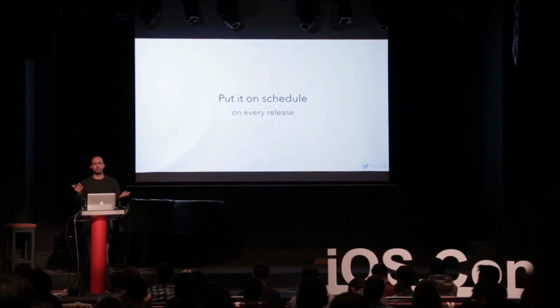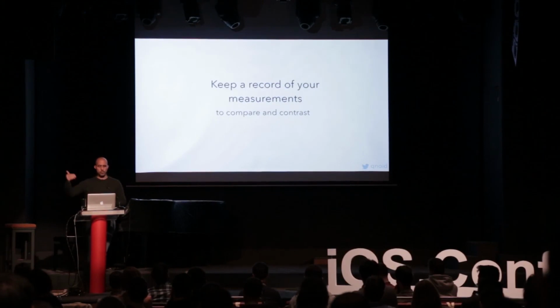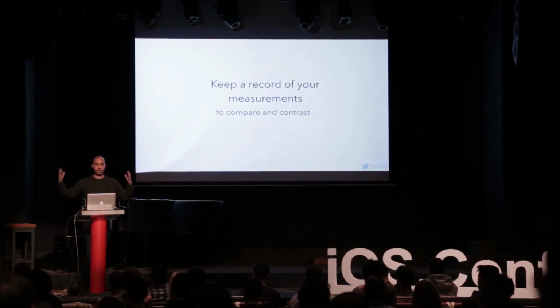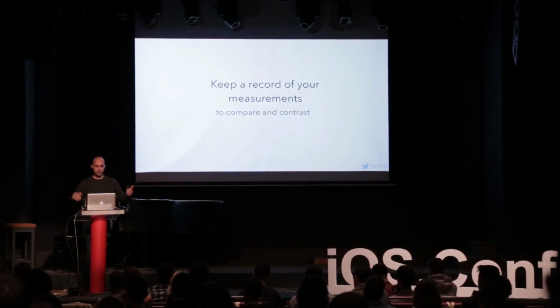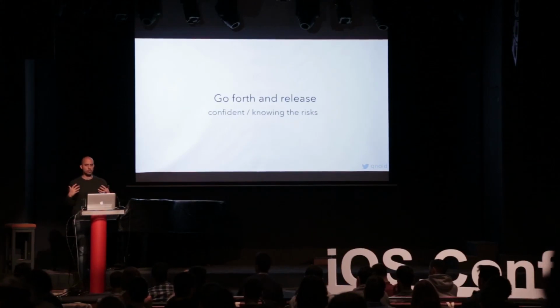You go through these things you know already, you don't see anything, then you're gone. It's like 10 minutes, 15 minutes, on every release. It's not too much. And keep a record of your measurements so you can compare and contrast. So have a record, have a history to see how your app performs. And go forth and release, being confident, knowing the risks, at least knowing what's happening.